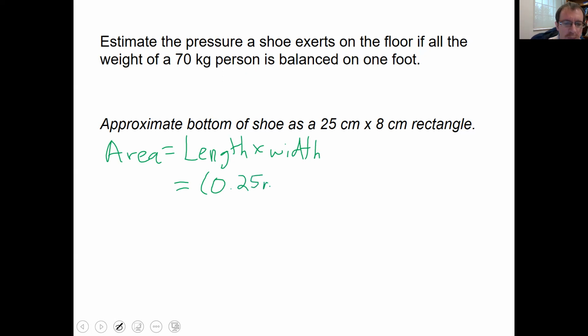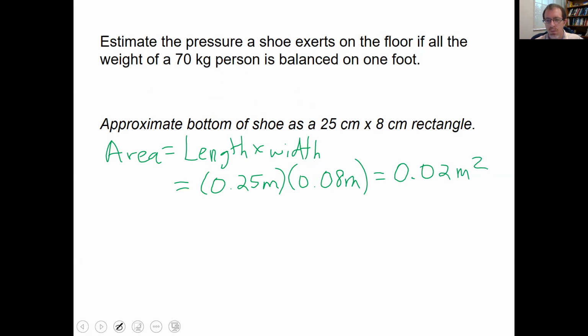I have to operate in meters because that's the SI unit for length, and so I want my area in meters squared, not centimeters squared. So always have to convert to SI units. That's an approximation of the area of the bottom of my shoe. It's 0.02 square meters.